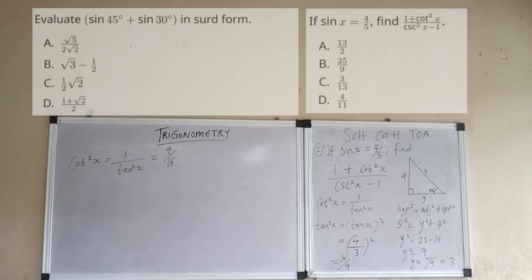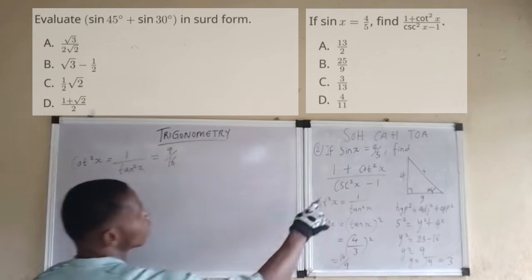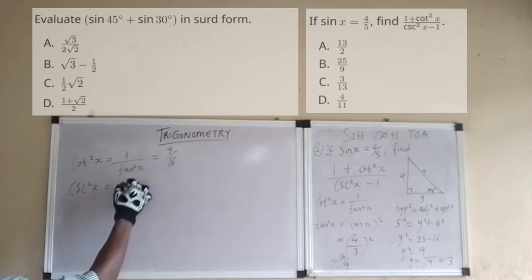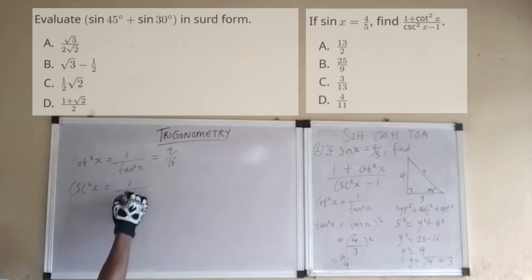Do you understand? Now, we need to find cosec squared x. All right, we need to find cosec squared x. And cosec squared x is 1 over what? Sorry, it should be 1 over sine square x.